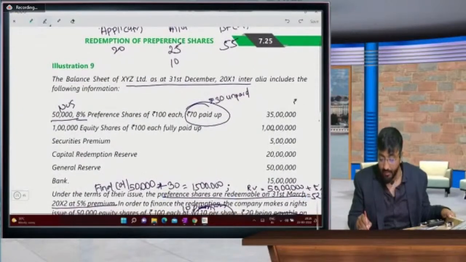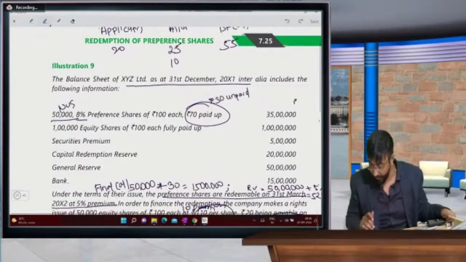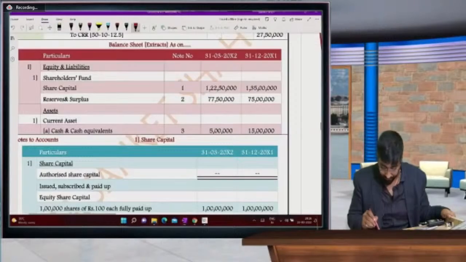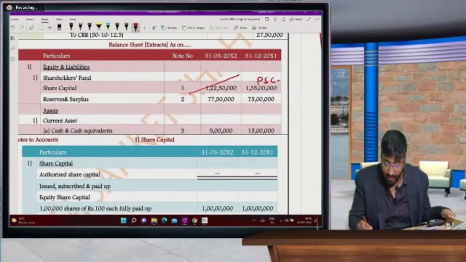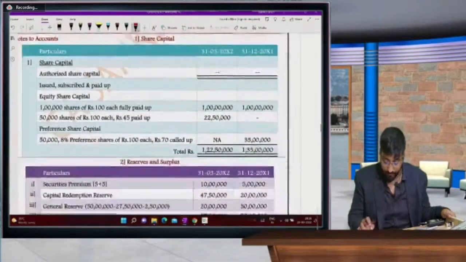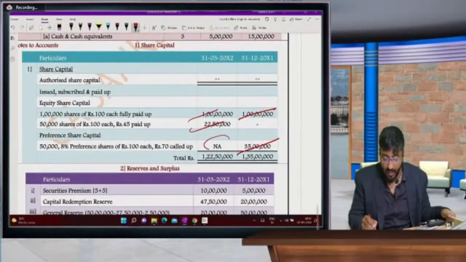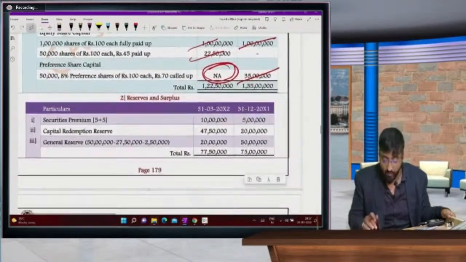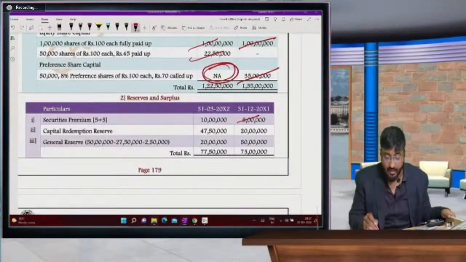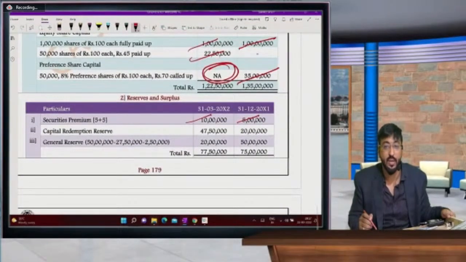Our share capital 1 crore plus 22,50,000. Yes. Previously, equity share capital and preference share capital. So 1 crore plus 35 lakhs. Now we increase it and preference share capital is 0 because it's redeemed. Security premium previously only 5 lakhs. Now we increase by 5 lakhs. So beta 2,50,000.